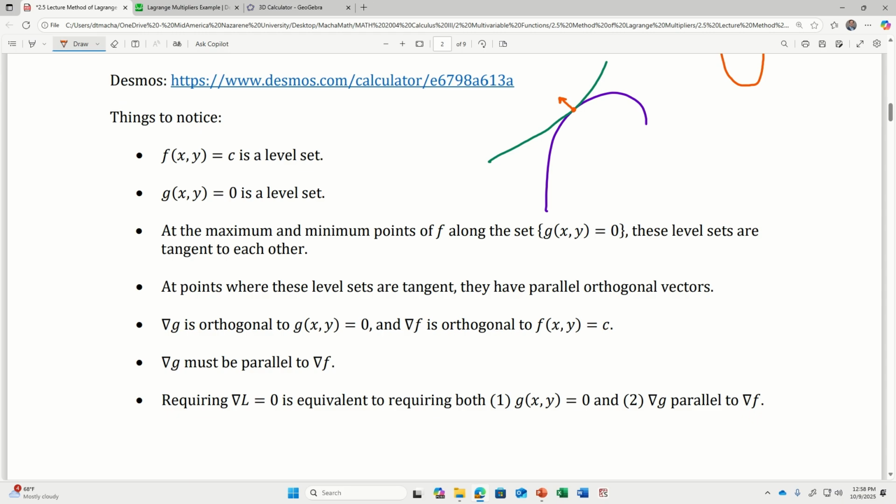Since the level sets are moving in the same direction alongside one another, then any direction orthogonal to that direction is the same. So that's the fourth bullet point.